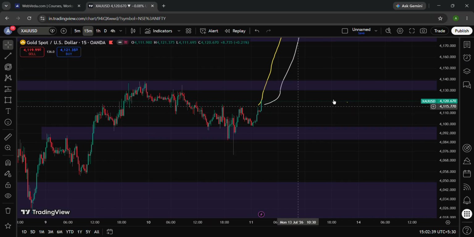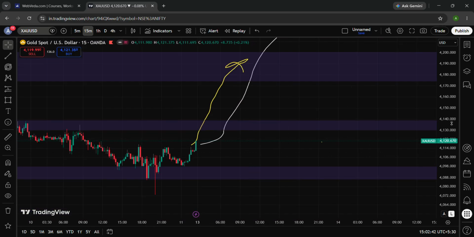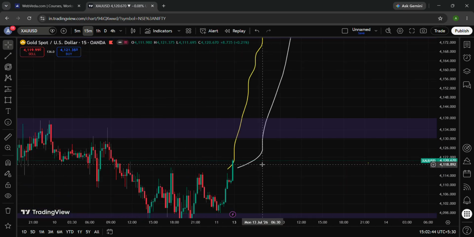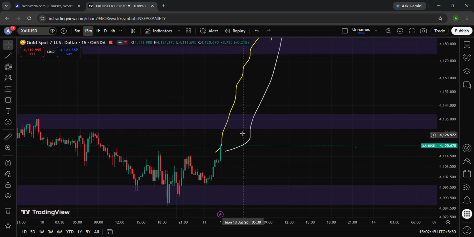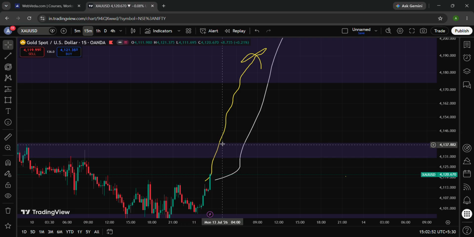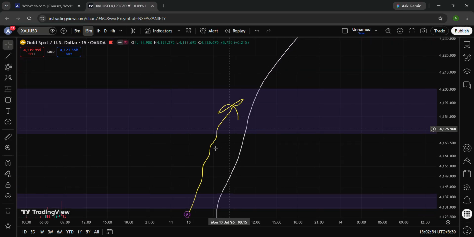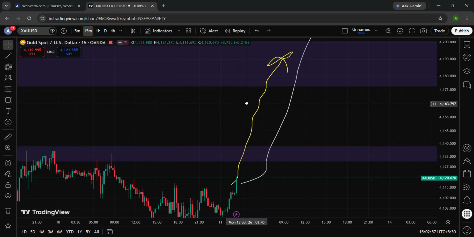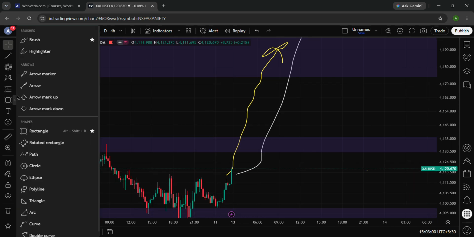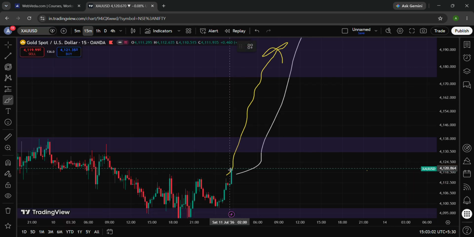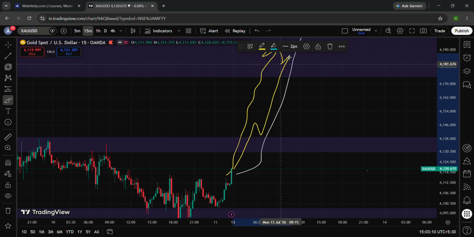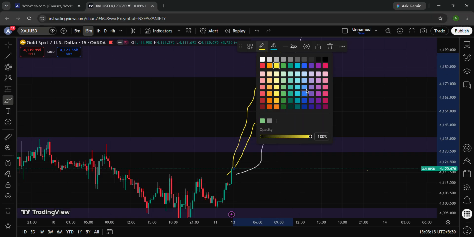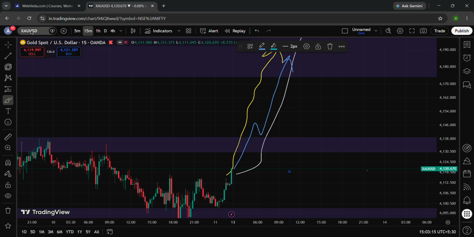So what I would do, if you ask me, by the analysis, I will just wait, and if the price breaks that resistance zone, then I will put a long position. On the 15-minute chart analysis, I think price can move upward, break that resistance zone, take support, and move upward from here. I think it could happen.